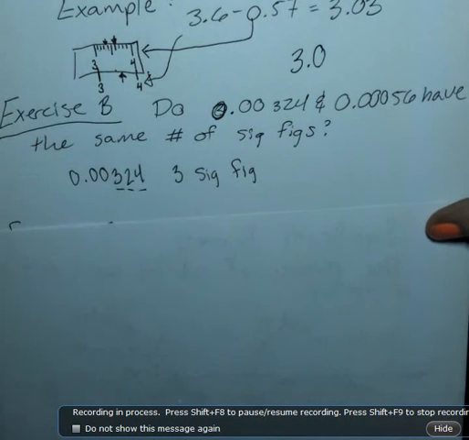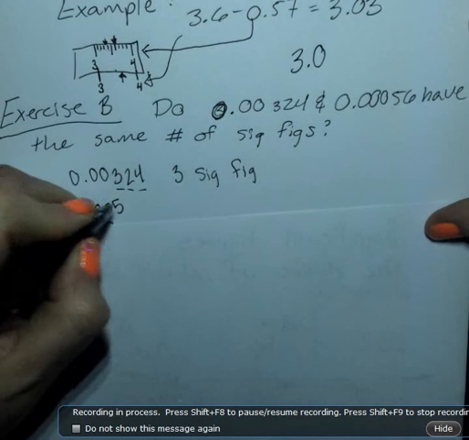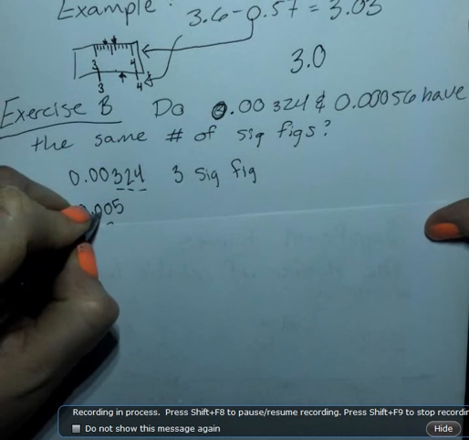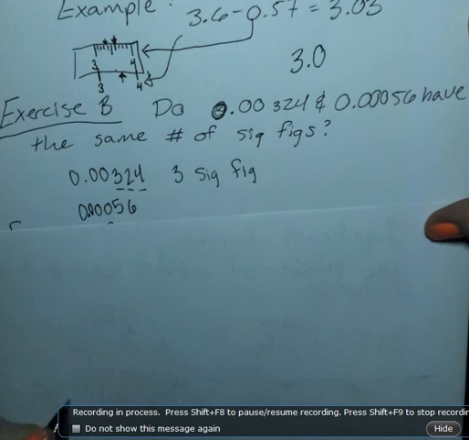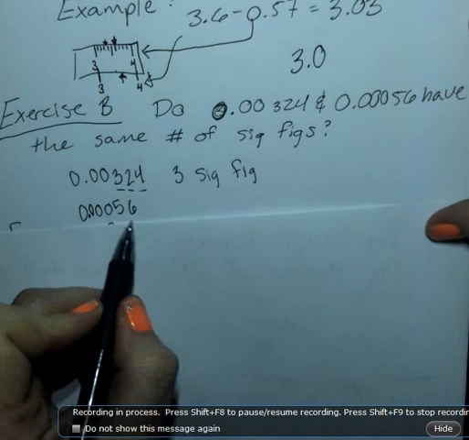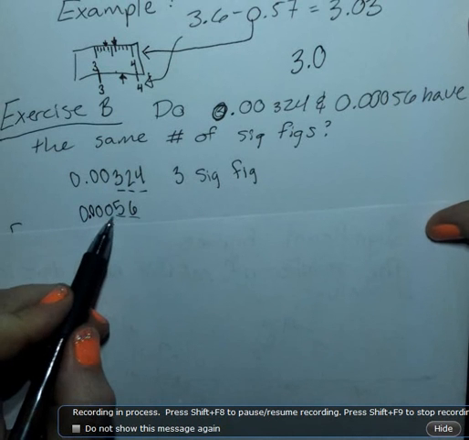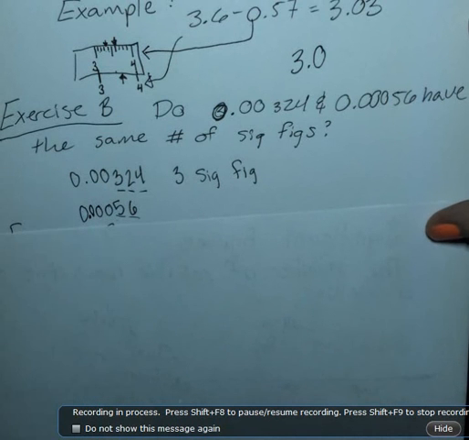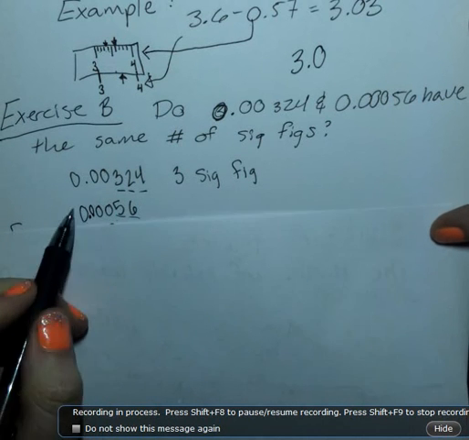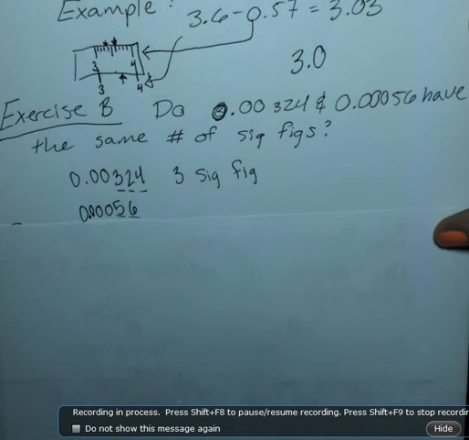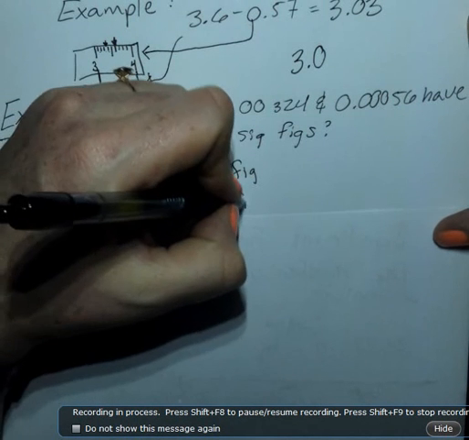On the other hand, 0.00056, so I'm going to have to modify my number, 0.0056, right? This has 2 non-zero numbers. Even though there's 1, 2, 3, 4 zeros preceding those non-zero numbers, none of them are significant because they're all just holding that decimal place. All right, so that means that this one only has 2 significant figures.